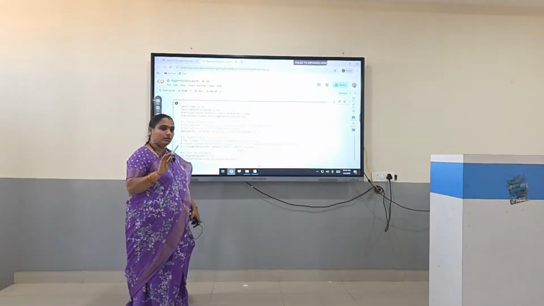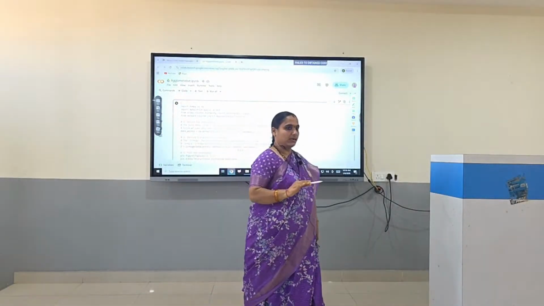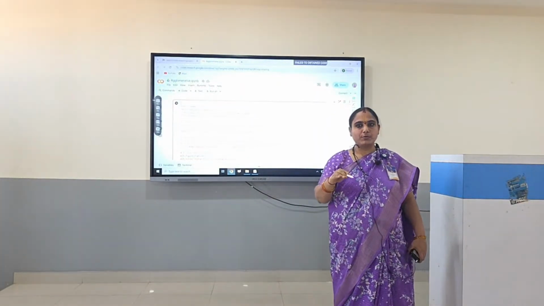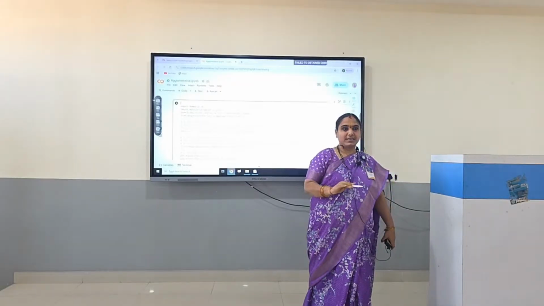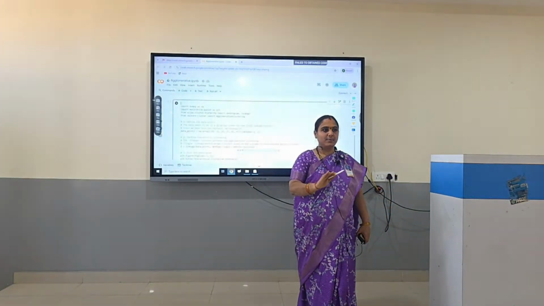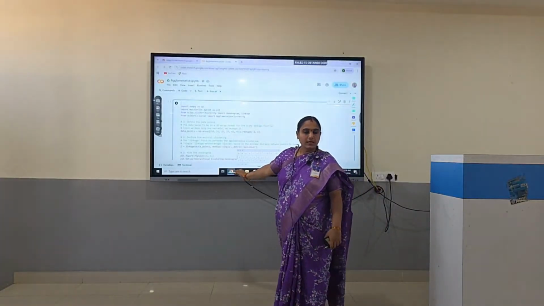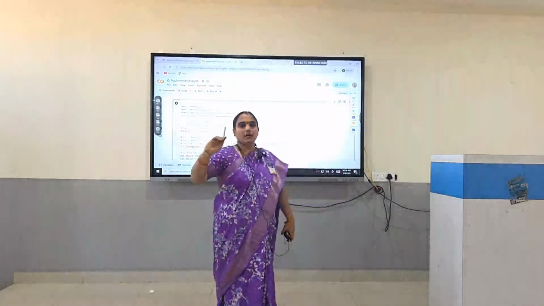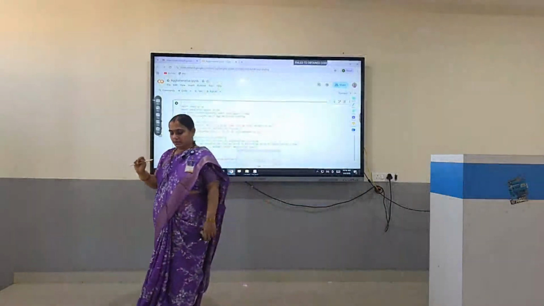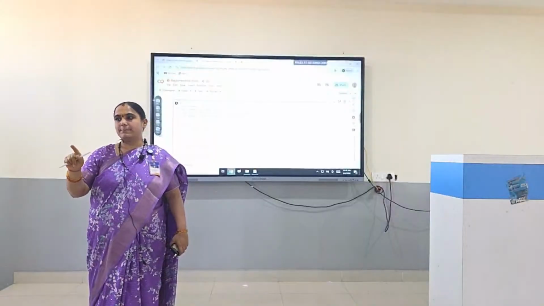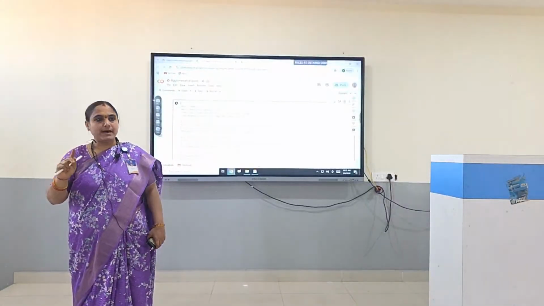Whenever we do this Python programming, a very important point is how to add the data points to a data set. I think everyone knows about this. Mainly we need to know two libraries: one is NumPy, another is pandas.